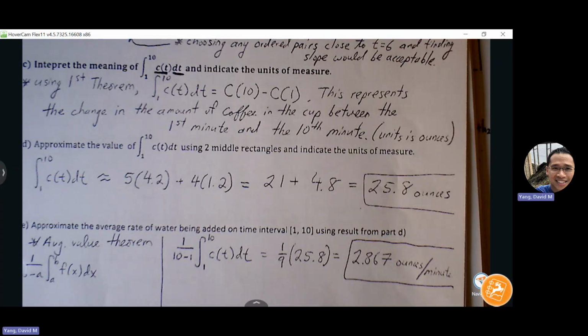What is the average rate of water being added? Well, the 25.8 we can gather from part D. This is how much water has been added. We divide it over a period of 9 minutes, and then we get an average of 2.867 ounces per minute of water being added to the cup between the 1st and 10th minute.